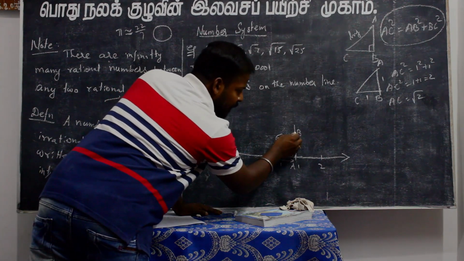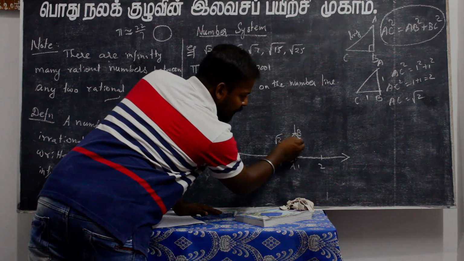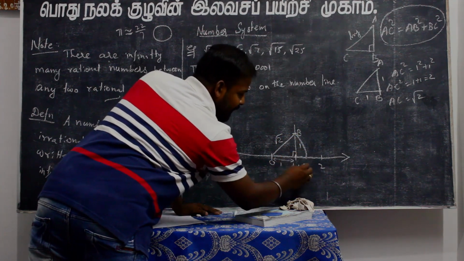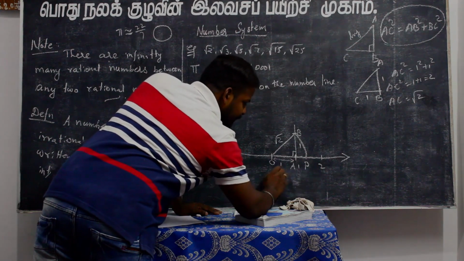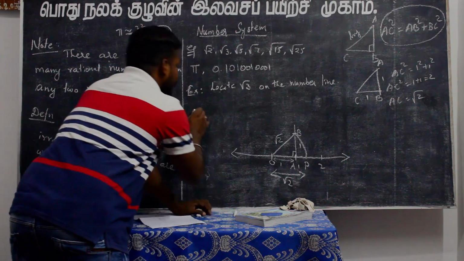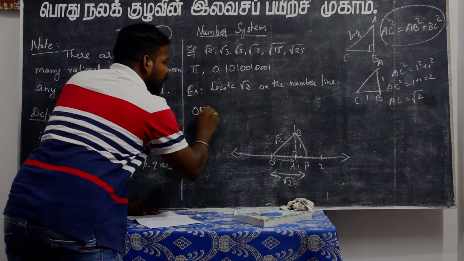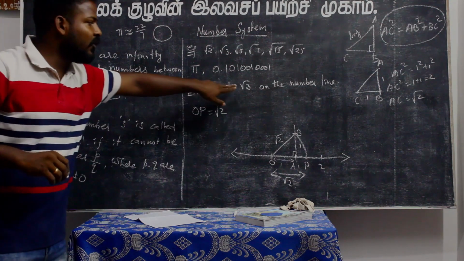Cut an arc here. This is your P. OP is root 2.